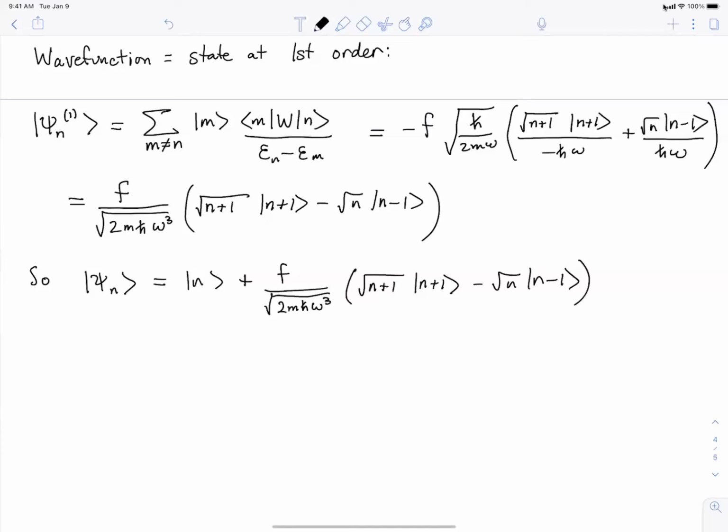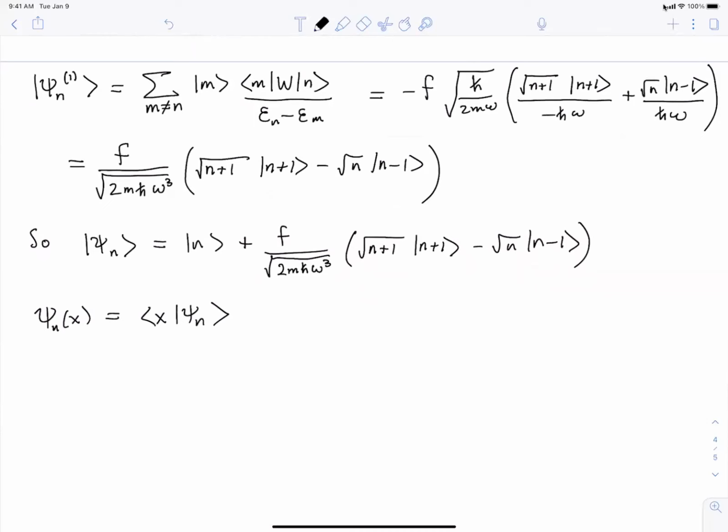So that's the state. And then if you want the wave function, as usual, psi n of x, you just take the inner product of x with psi n, and then you'd get your horrible Hermite polynomials and whatnot.